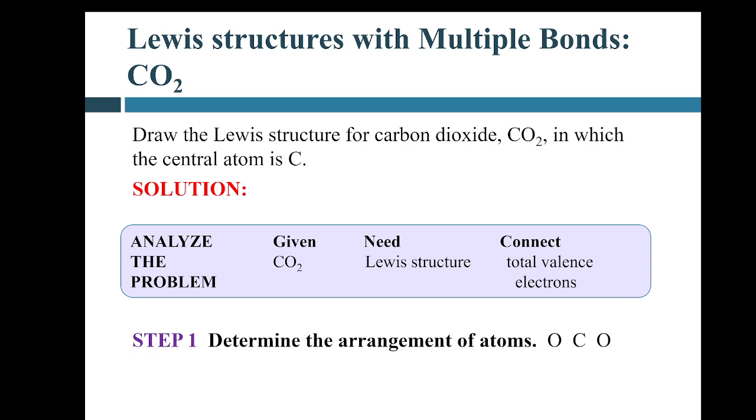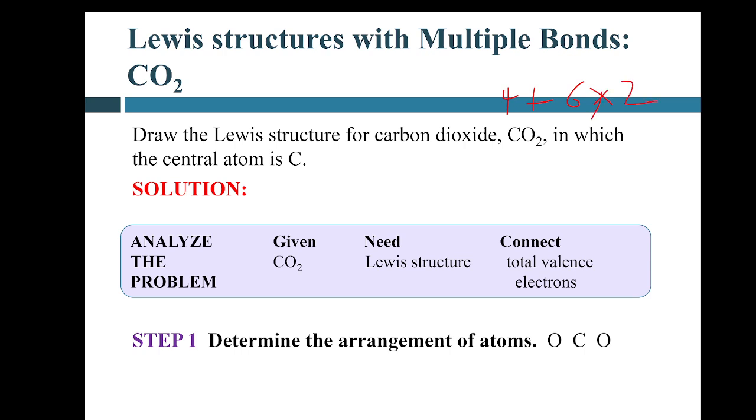So what's the first step we do? Count the electrons. Okay. Carbon has how many electrons? 4, thank you. Oxygen has how many electrons? And there's how many oxygens? 2. So that's times 2, isn't it?